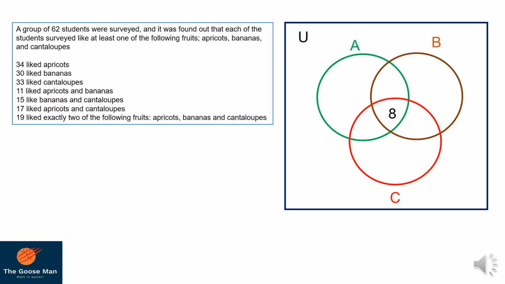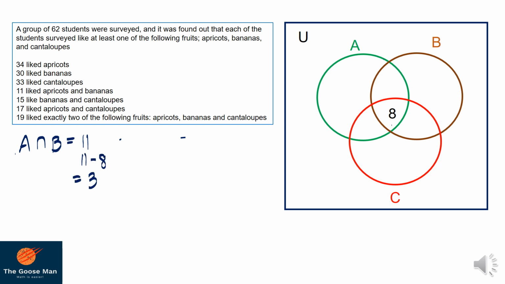Since we know already the intersection of the three sets, we will work now on A intersection B. A intersection B is equal to 11. Since we have already 8 here, we have 11 minus 8, which is equal to 3.